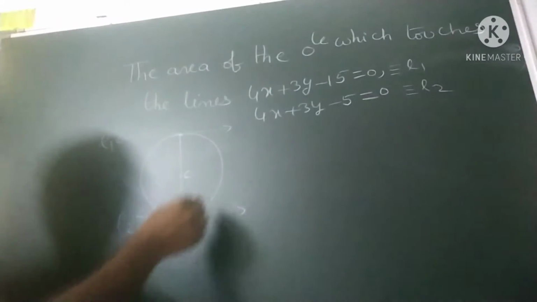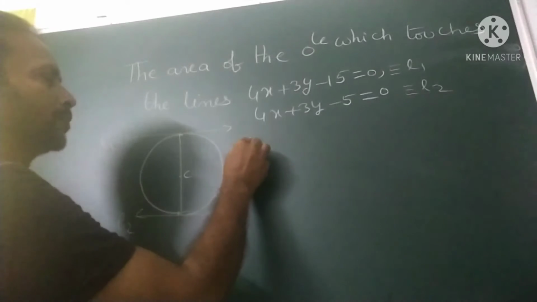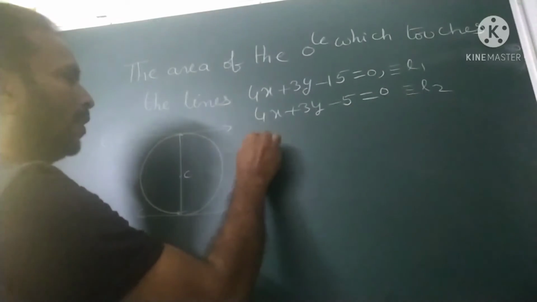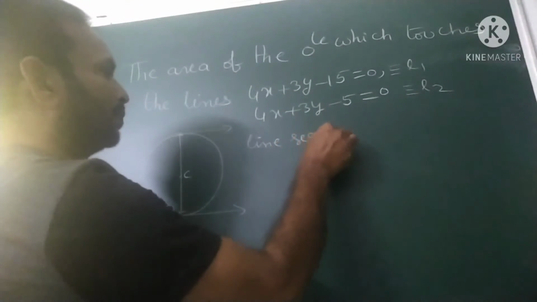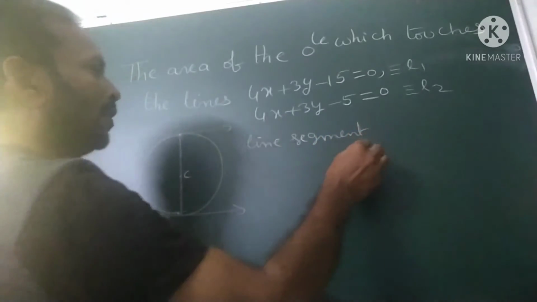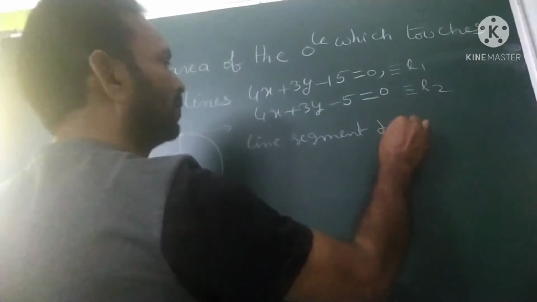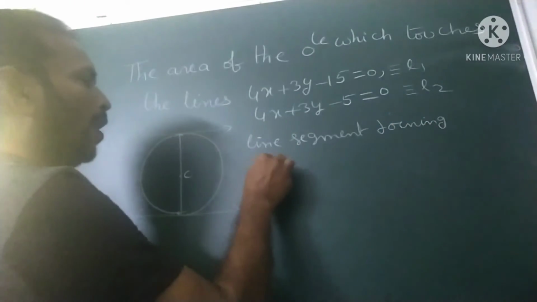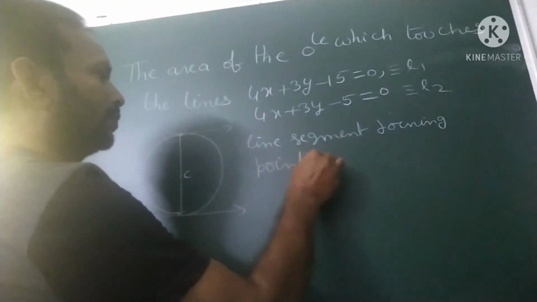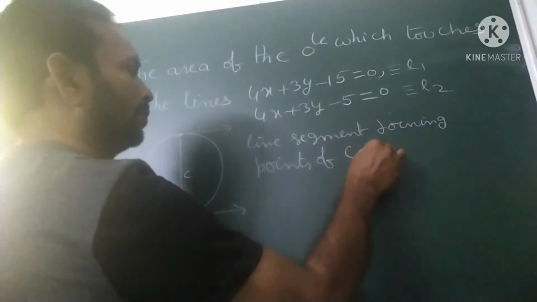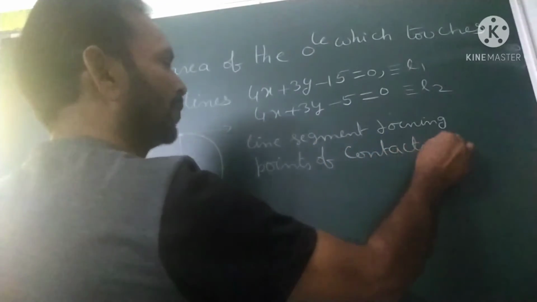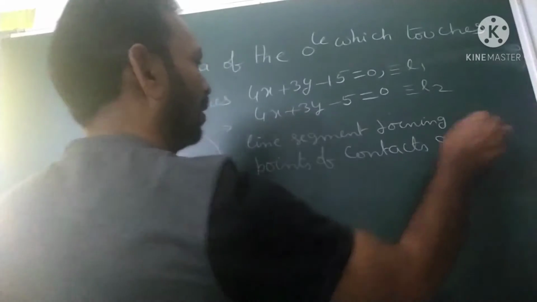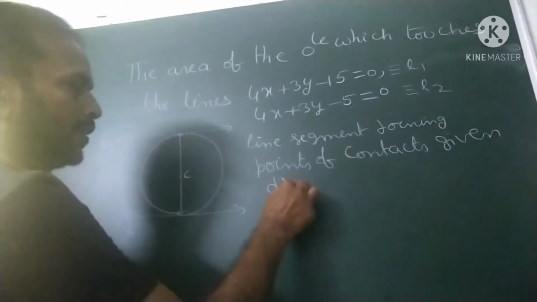That means the line segment joining the points of contact gives the diameter. This is the concept.